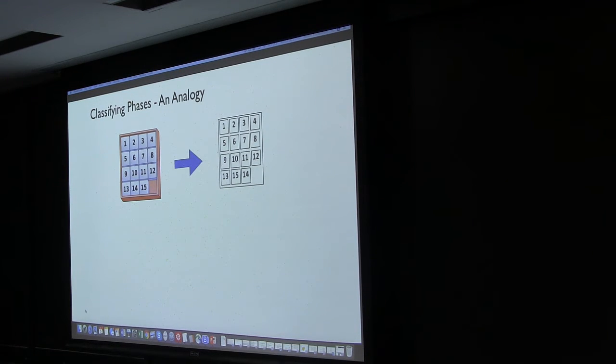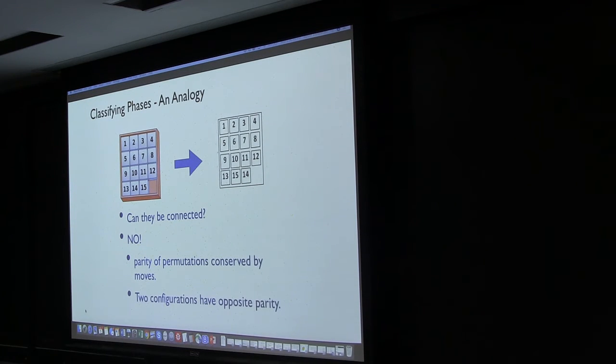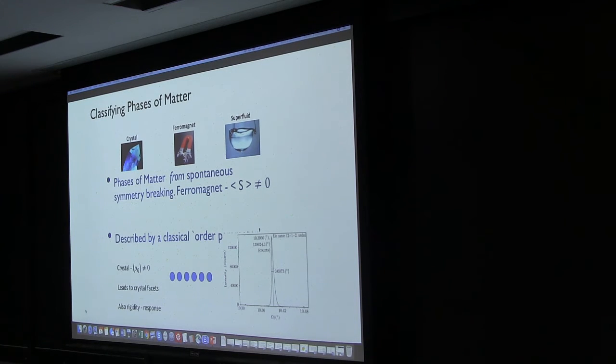Okay, so that's kind of the program in trying to classify the phases of matter, and actually we are nowhere close to completing that. Okay, so in fact, people back in the day thought they had a solution to this. They thought they had figured out all these kind of parity things for states of matter, but in fact we learned that was incomplete, and there's more to it than that.